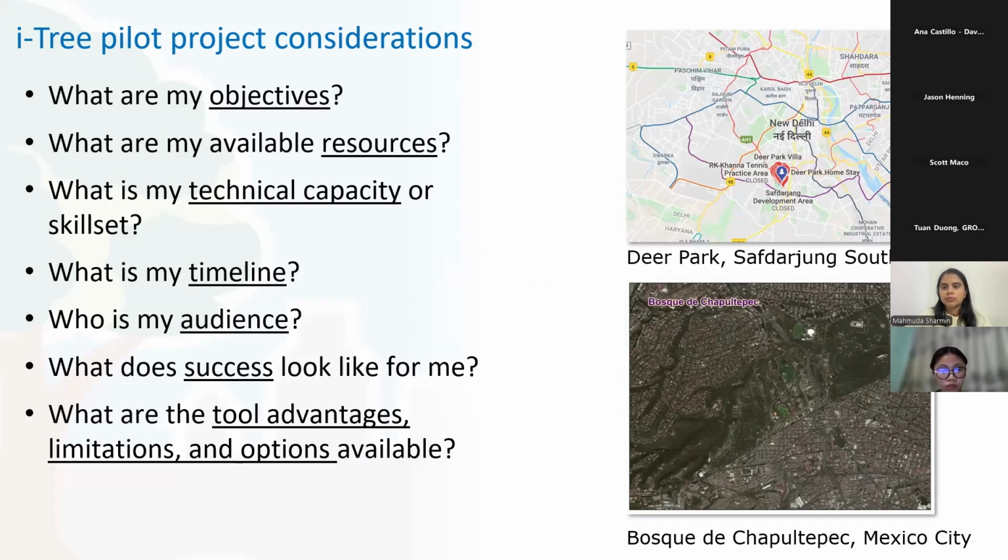So the reason we spend this time encouraging the things that you might think about for this pilot project is that they're really a way for you to clarify your goals, to understand what the tool is going to ask of you, and the questions you guys have had already. So is your location ready for analysis?